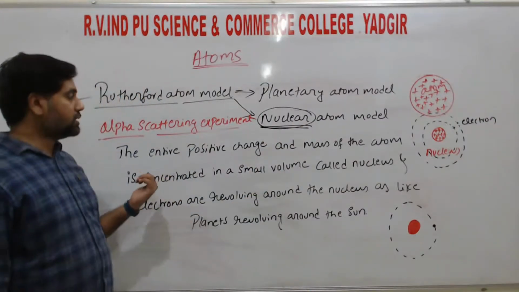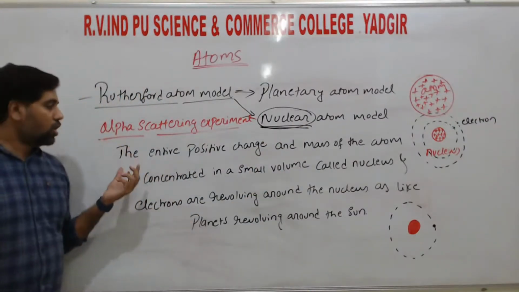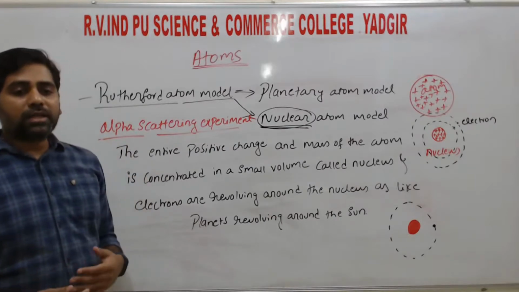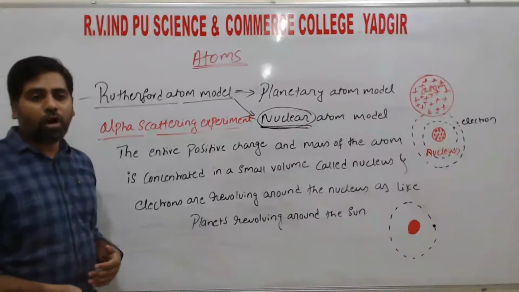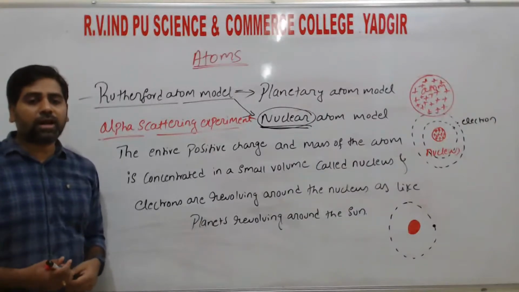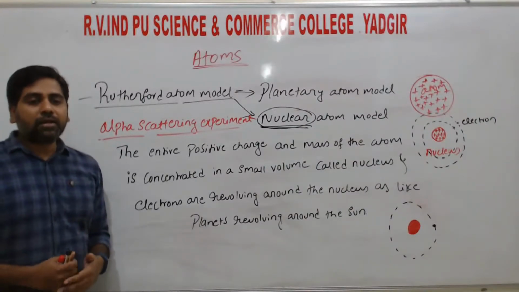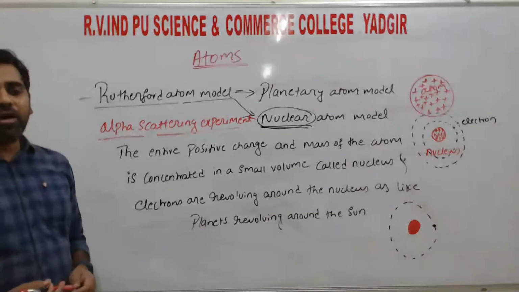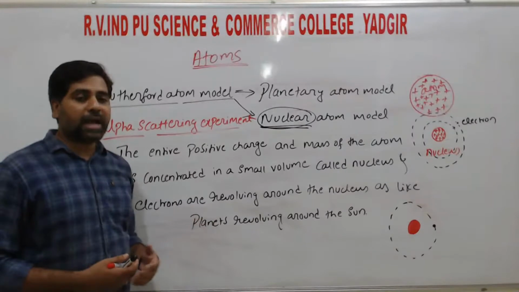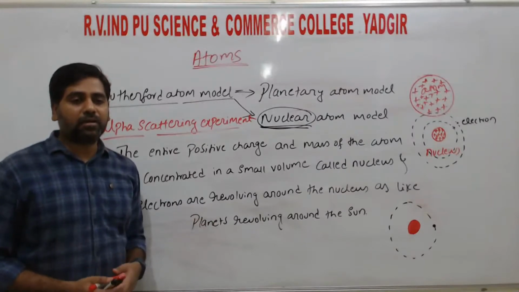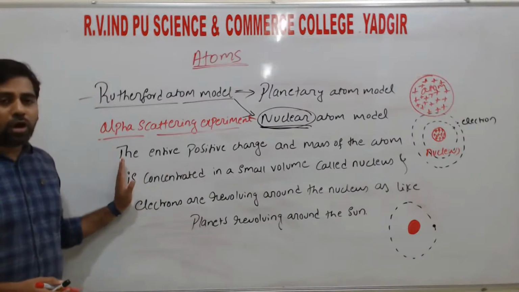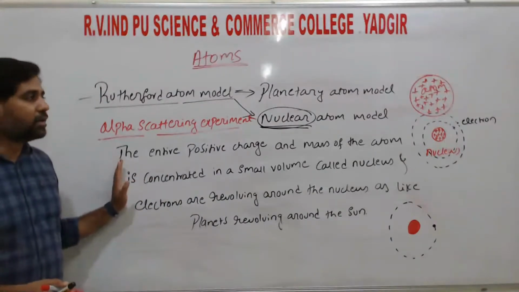So according to the Rutherford atom model, the entire positive charge and mass of the atom are concentrated in a smaller volume. That volume we call the nucleus, and the negatively charged particles, the electrons, are revolving around the nucleus like the planets, right? This is the statement of the Rutherford atom model.